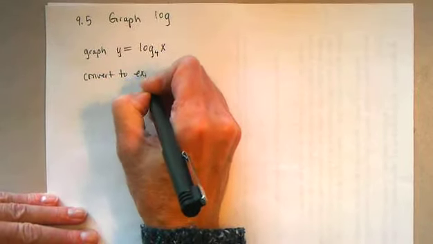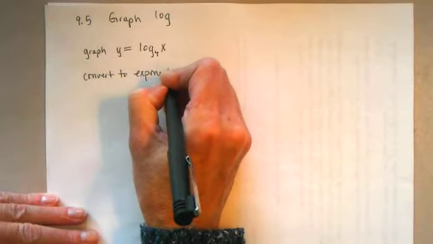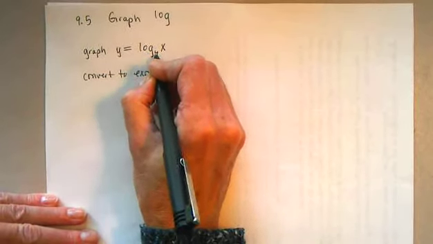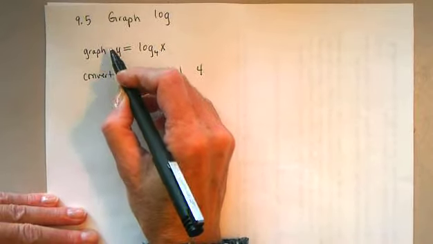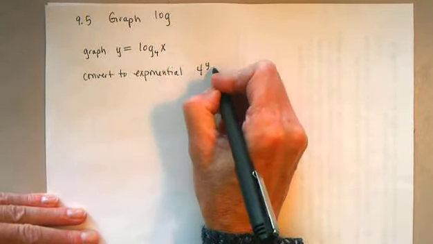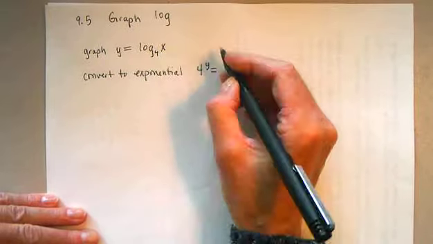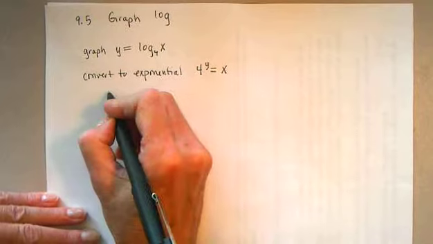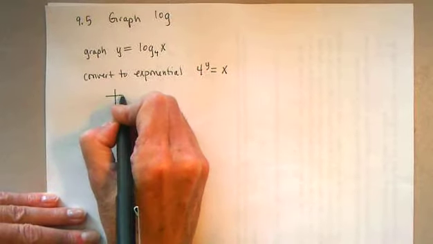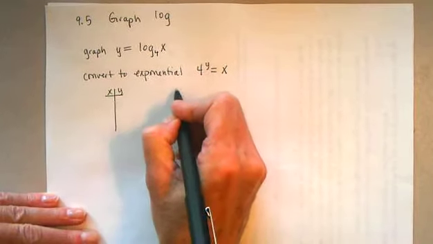We did this before today, that our base is 4. So the base is 4, and the power is what it's equal to. So I have 4 to the y equals what you're taking the log of, so x. So that we can handle. So let's use that and make an xy table and graph it.